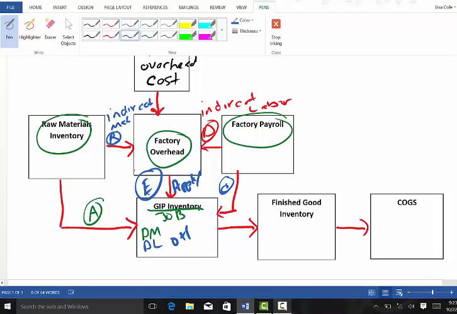So now in our goods in process inventory for the job, we got some direct materials, we got some direct labor, and we have overhead. And so once we complete the job, we want to transfer it to our finished goods inventory. So the completed job would be transferred to our finished goods inventory.